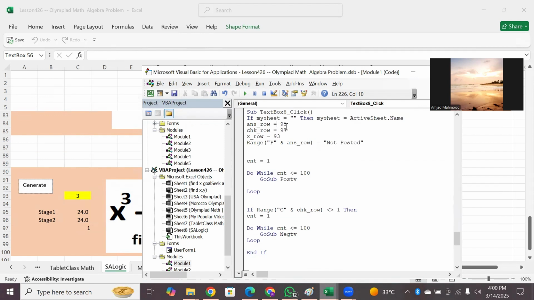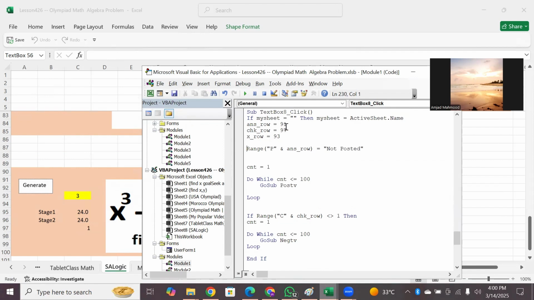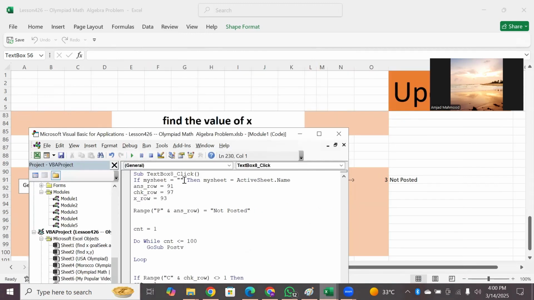It gives you three things to set. The first thing is the answer row. Definitely, there is one answer row on which the answer has to be. So the answer row is 91, right?